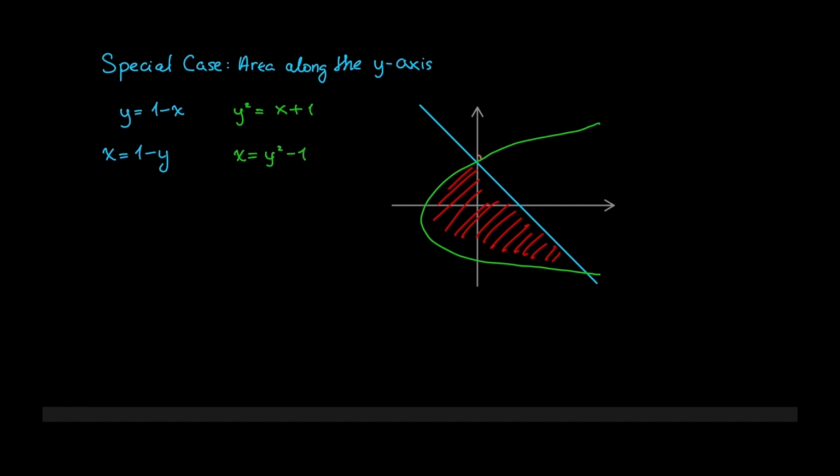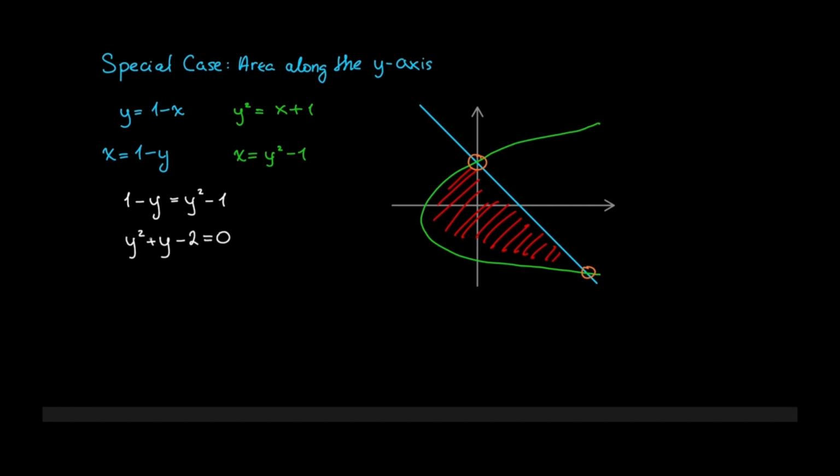For the next step, we still need to establish the bounds of the integral, specifically where these two graphs intersect. So that means we need to equate them to each other. However, this time we'll be equating functions that are expressed in terms of y. So 1 minus y equals y squared minus 1.